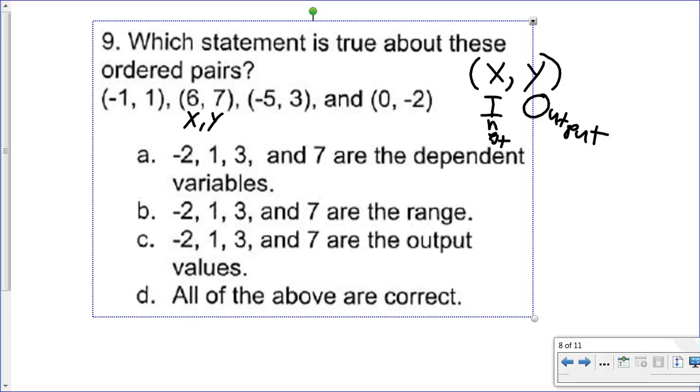X is associated with the independent variable, which is associated with the domain. Y is associated with the dependent variable, which is associated with the range. So by looking at that, I think we should be able to figure out which ones we need to pick here. So they're asking us, range, output, okay.